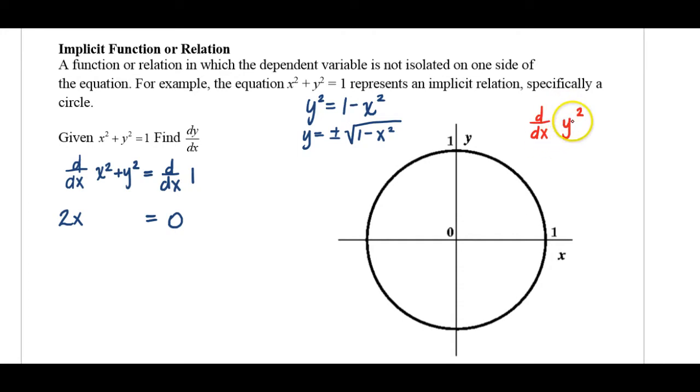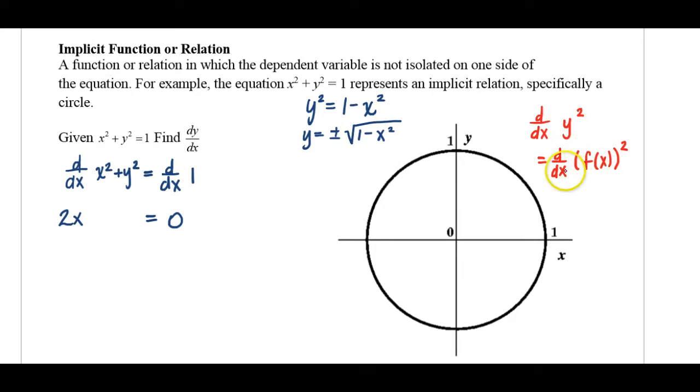What we have to do is think about the fact that the variable y is a function of x. So remember that y equals f of x. So what I can do instead is think about this as the derivative with respect to x of f of x squared. So y is a function of x, so I'm choosing to write y as f of x.